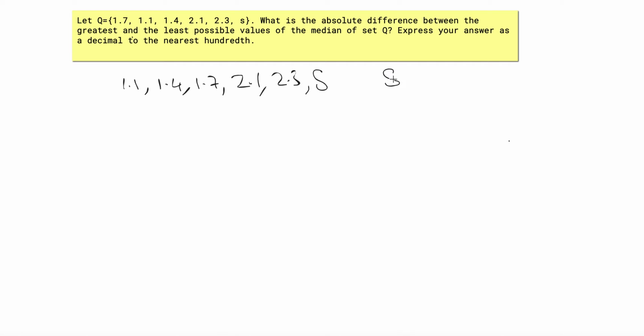So here S is largest in the set. This is what I am assuming, S is largest.